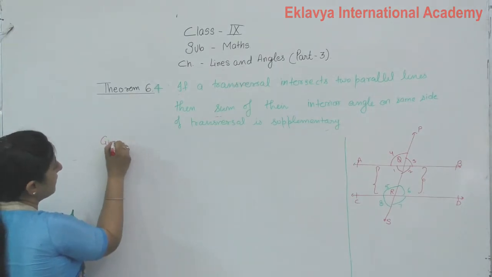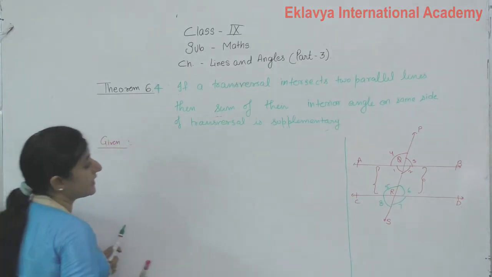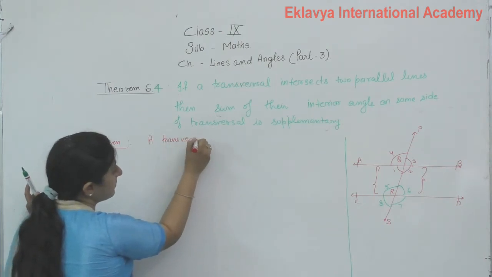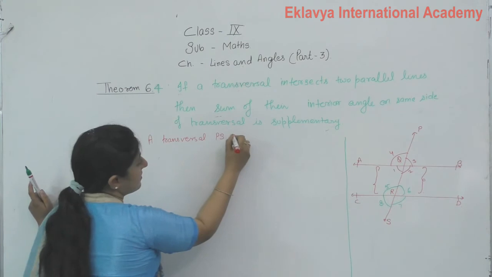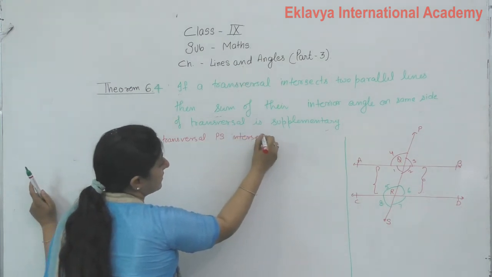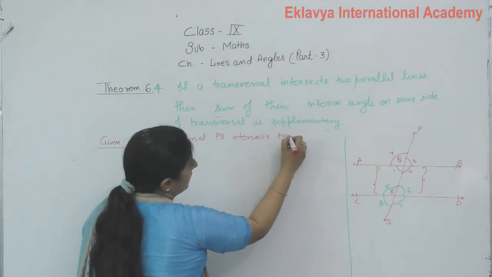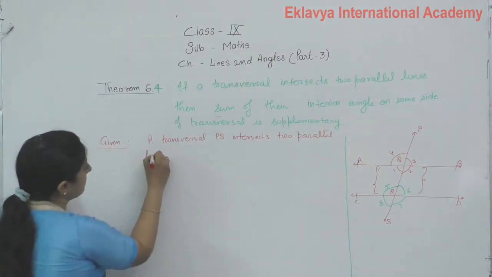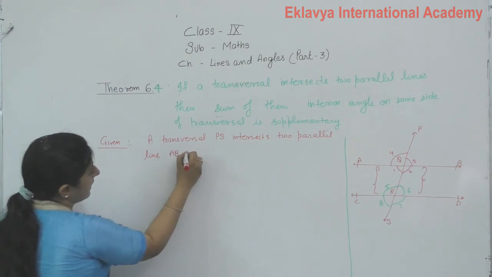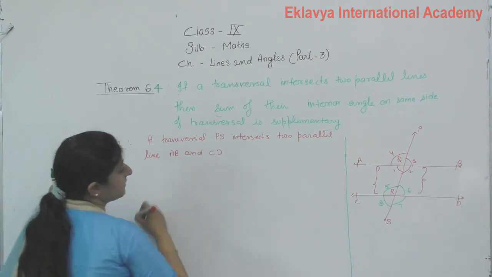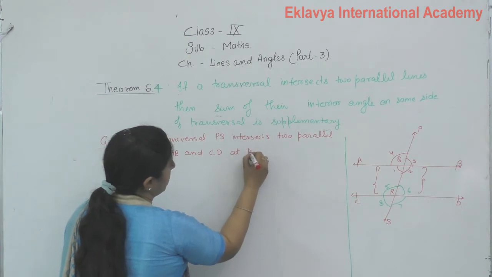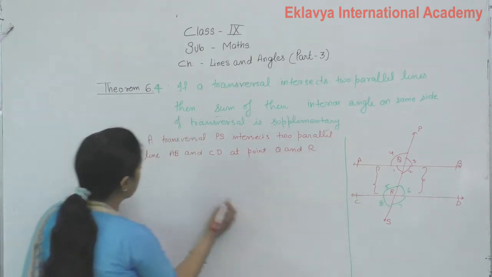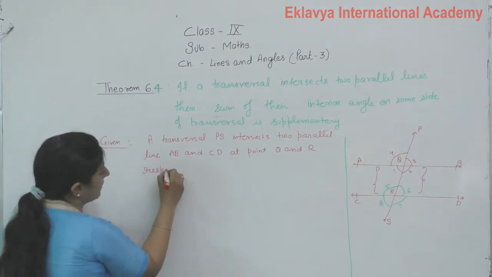Firstly we write down the given, same thing: a transversal PS intersects two parallel lines AB and CD at points Q and R respectively.